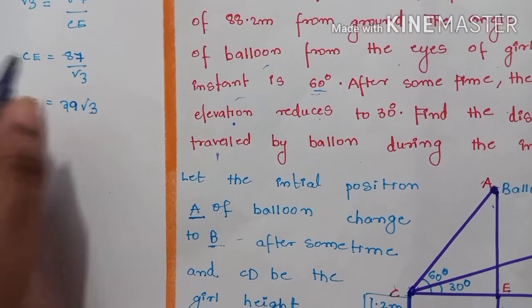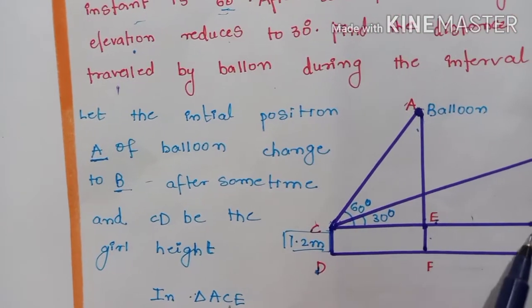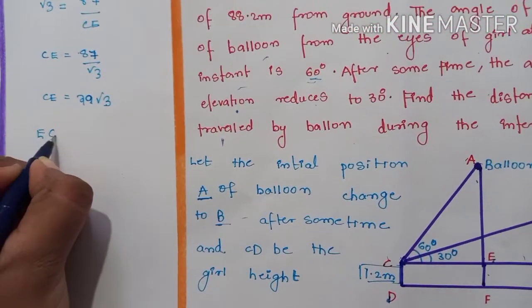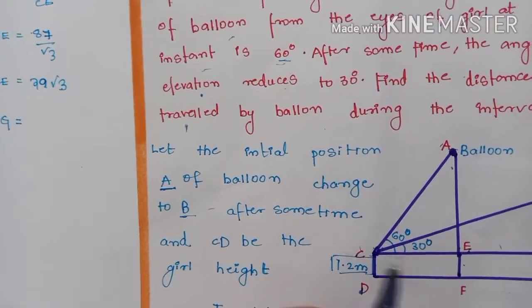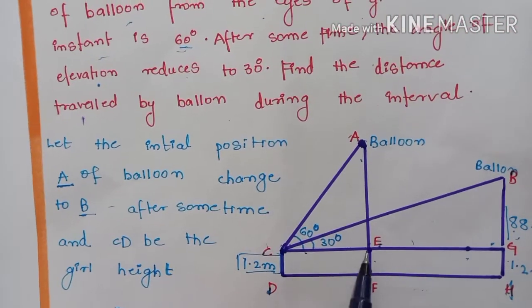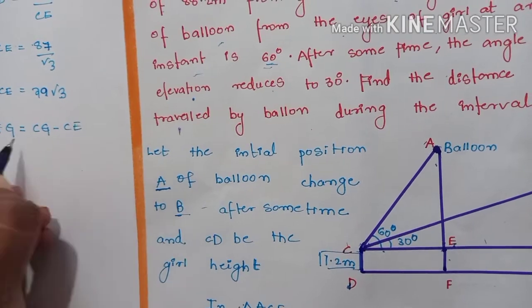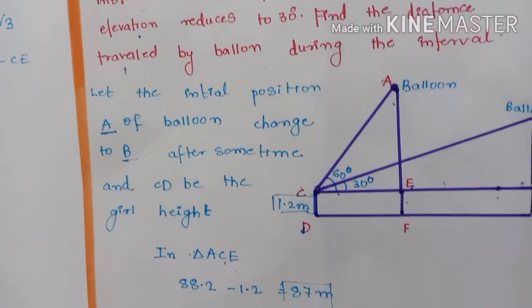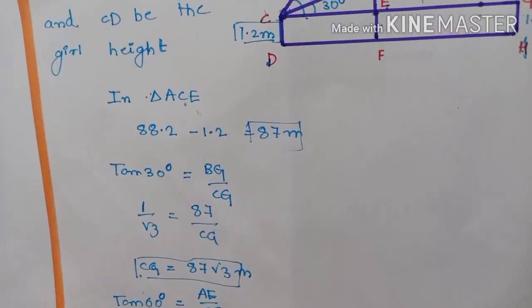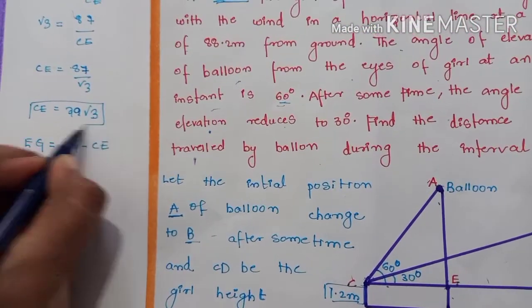Now they have asked to find the value of EG. So EG is complete CG minus CE. From the first equation we have got CG is 87 root 3 meters and CE is 29 root 3.